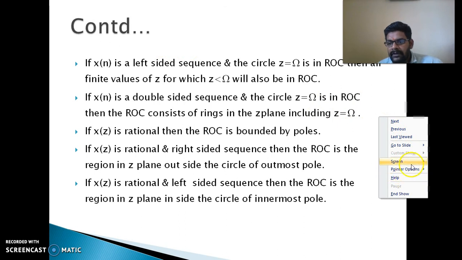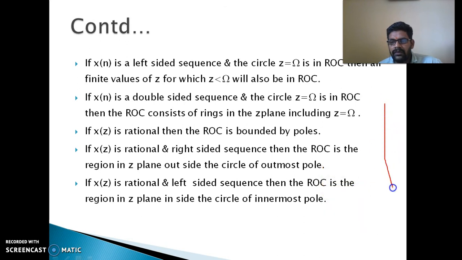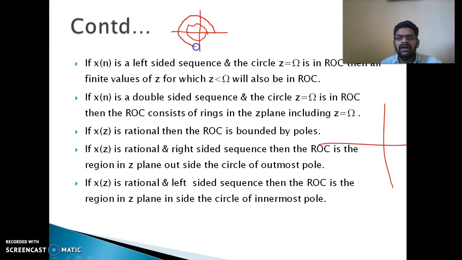For example, if we have an ROC like this, I am plotting it for convenience. If we are having 3 circles, that is 3 poles, one, another, and another.